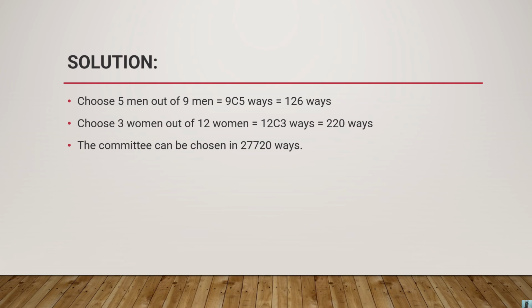So we just multiply 126 by 220 to get 27,720 ways in selecting 5 men out of 9 men and 3 women out of 12 women. That is permutation and combination.